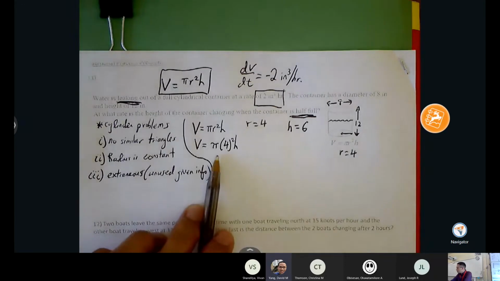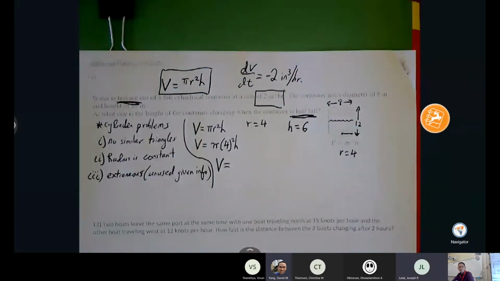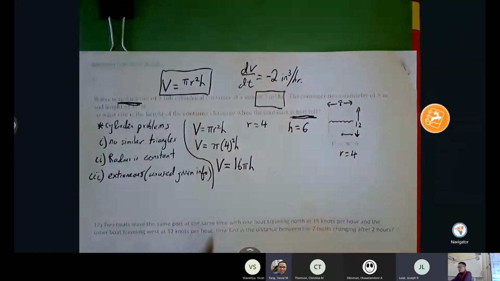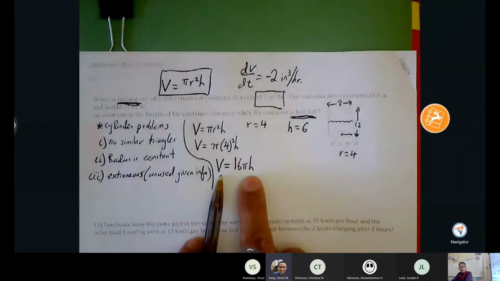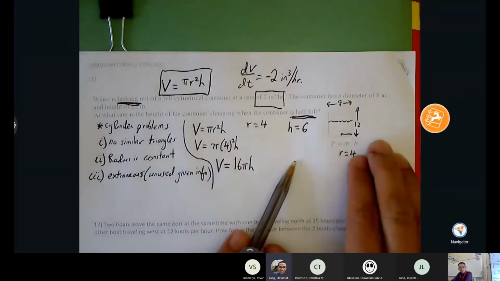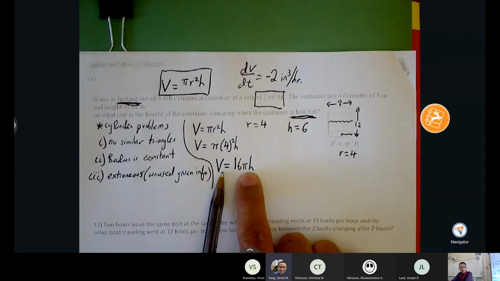So what does this equation come out to be? 16 pi h. So the nice thing is we don't have to worry about replacing r. We don't have to worry about creating another equation with similar triangles. I mean, we're ready for our derivative, right?